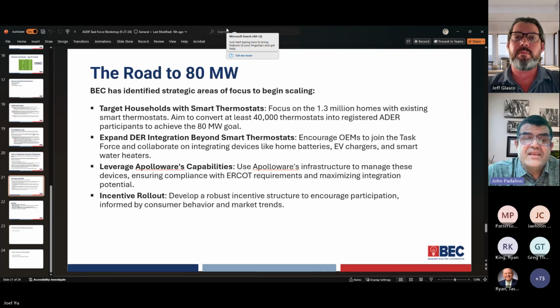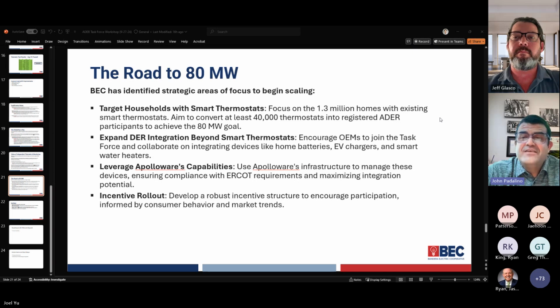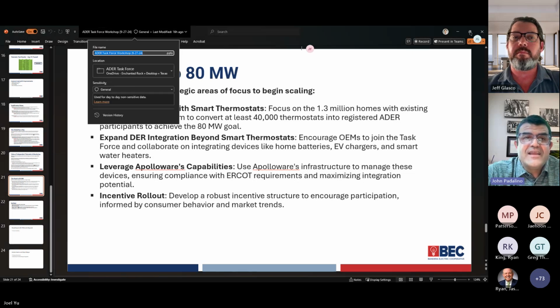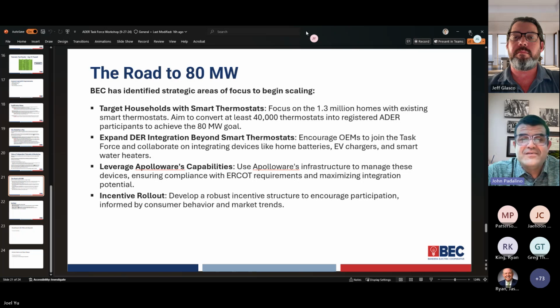And then the final thing is really incentivizing rollout, as far as how do we convince our moms that you should give up control of your thermostat. The other day I was having breakfast in Bernie, and the waiter and I were talking, and he said, hey, you should go fill up your car, gas just went up to $2.99.